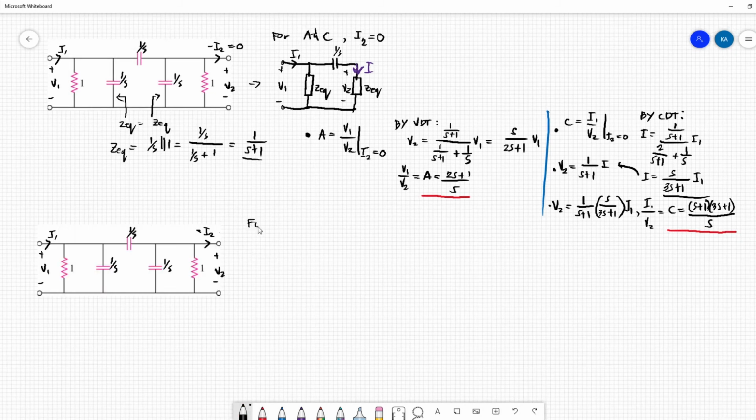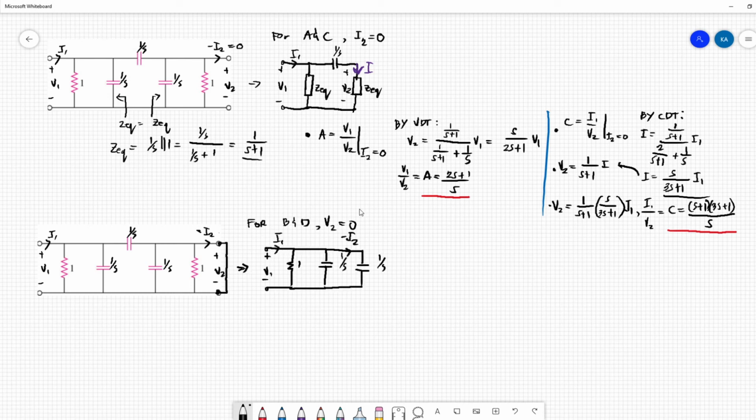Now solving for B and D, our V2 is equal to 0, for our port 2 is shorted. If port 2 is shorted, we can simplify our circuit into this. Now solving for B, B is just negative V1 over I2.